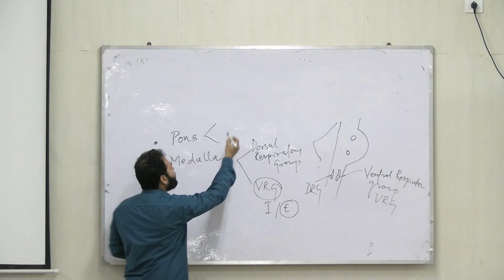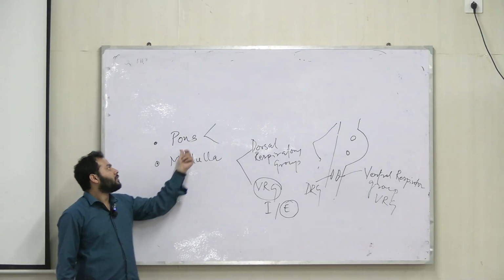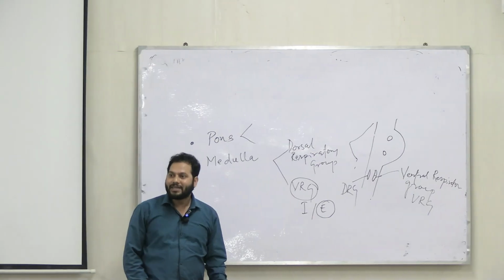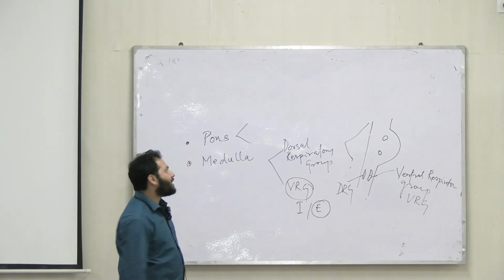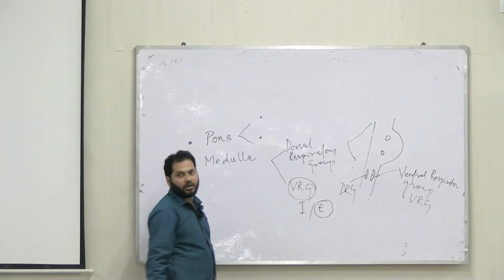Now, another important thing is that the pons region also contains some neuronal cells, right? What are these neuronal cells, or respiratory neurons?